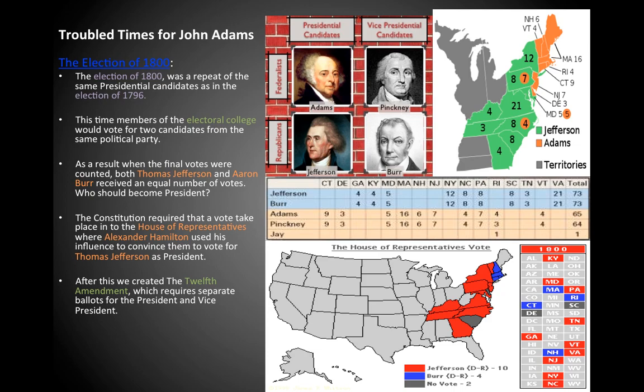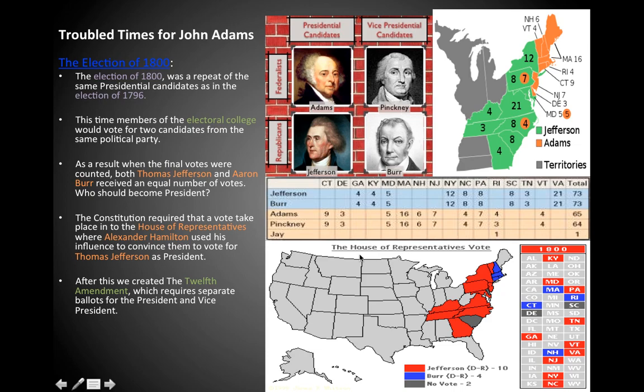Now, Alexander Hamilton, a strong Federalist, hated Aaron Burr. He absolutely despised him, and this conflict, you will see later on, will lead to Hamilton's death in a famous duel where Burr kills Hamilton. But he convinces the House of Representatives to select Thomas Jefferson as president and not Aaron Burr.